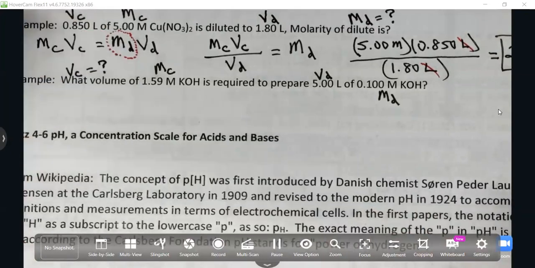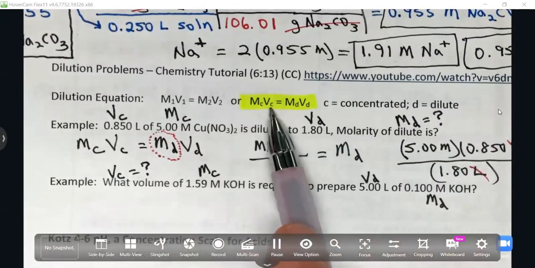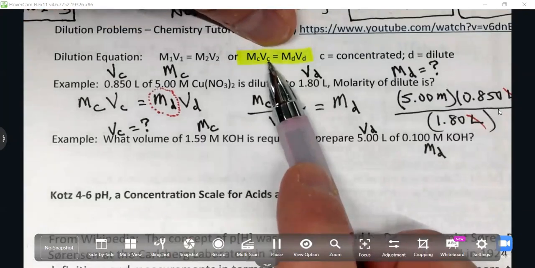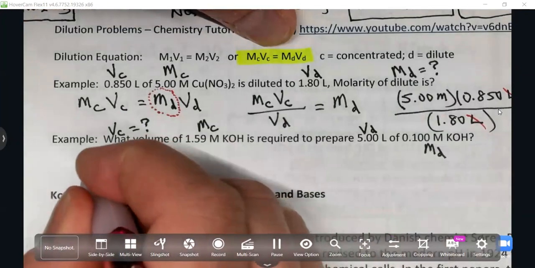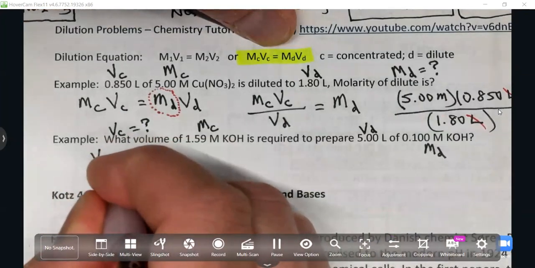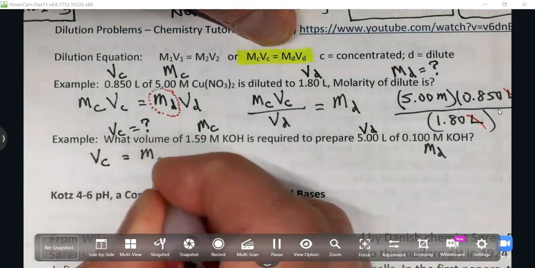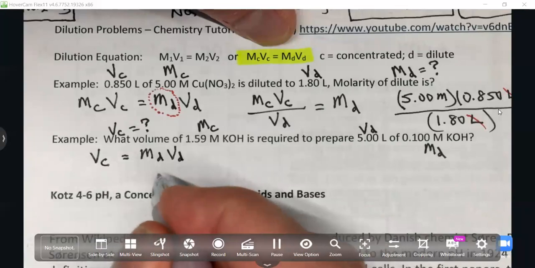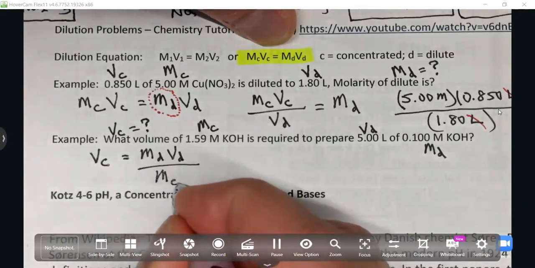And if I solve my equation to get volume of my concentrated, I'm going to divide both sides by molarity of concentrated. So I'm going to end up with volume of my concentrated equals molarity of my dilute times volume of my dilute over molarity of my concentrated.